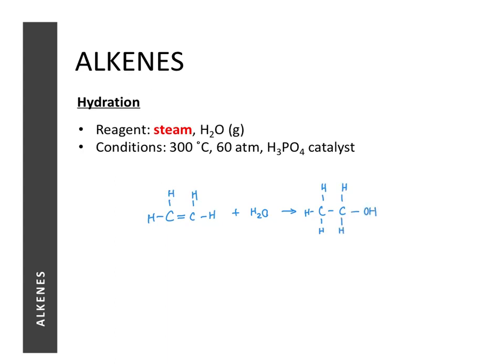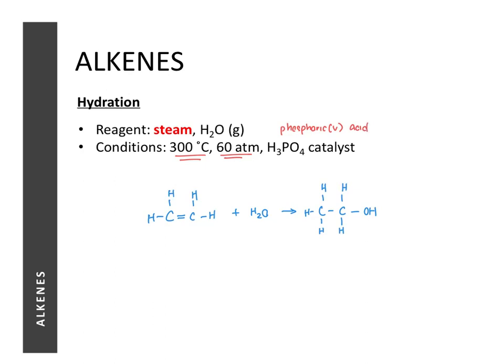It's an alcohol. This reaction requires special conditions also: 300 degrees Celsius, 60 atmosphere, and we need a catalyst. This is called phosphoric acid. Phosphoric acid as a catalyst to speed up the reaction.